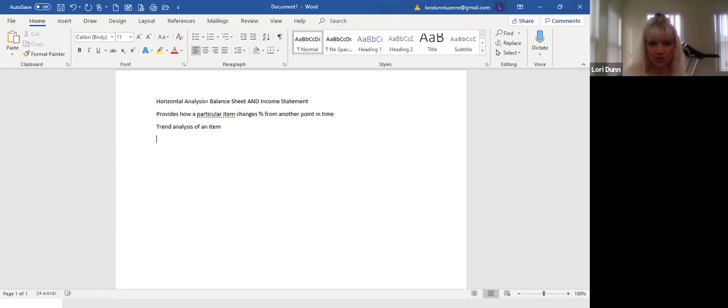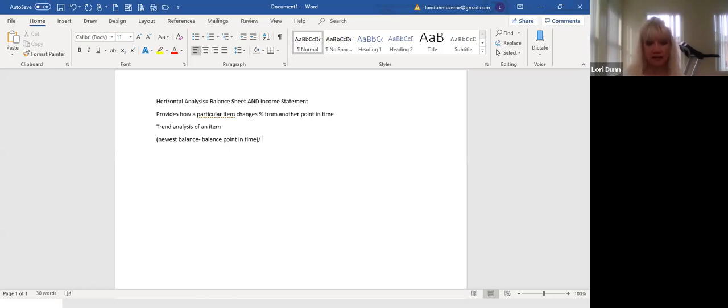The calculation is pretty straightforward. It's the newest balance of the particular item minus the balance at the point in time, whether it be last year or 5 years ago, whatever that historical number is, the older number.